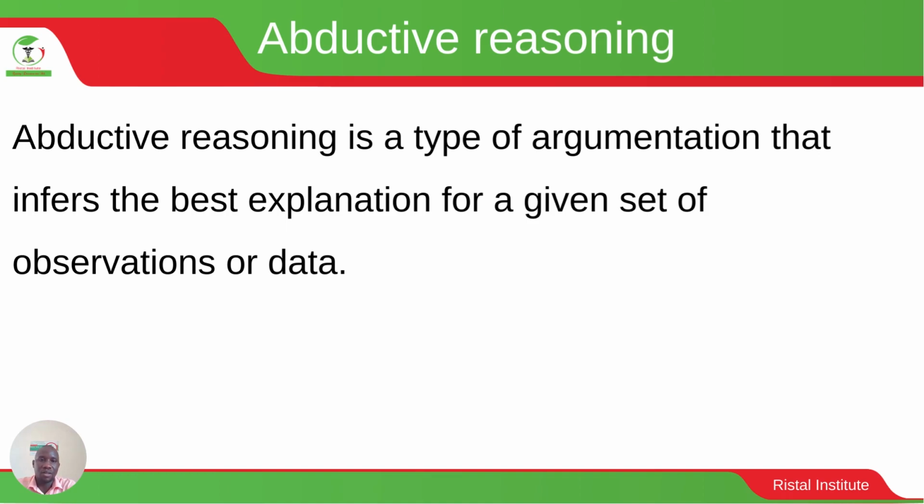Abductive reasoning focuses on how people reach the best explanation for a given set of observations. So how does an individual reach a particular conclusion on the best possible explanation for a particular set of data?